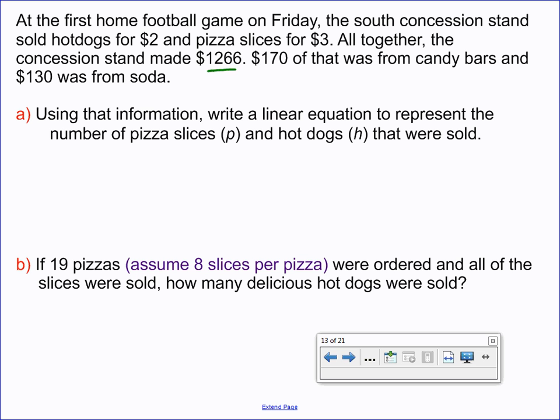If we had $1,266 for total revenue, and we took off our candy bars and our soda, then we'd have the amount of money that was brought in solely from pizza slices and hot dogs. So let's do that. 170 plus 130 is 300. So is that 966? Great. 966 represents the revenue from pizza slices P and hot dogs H.